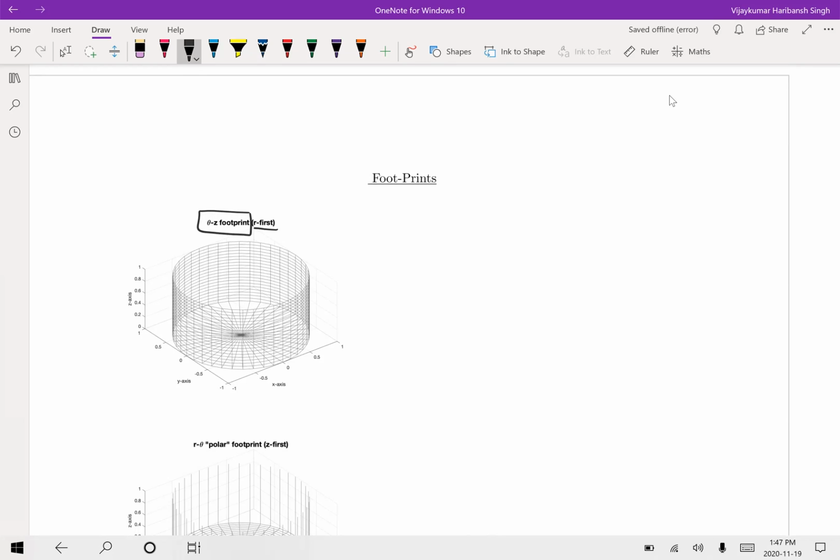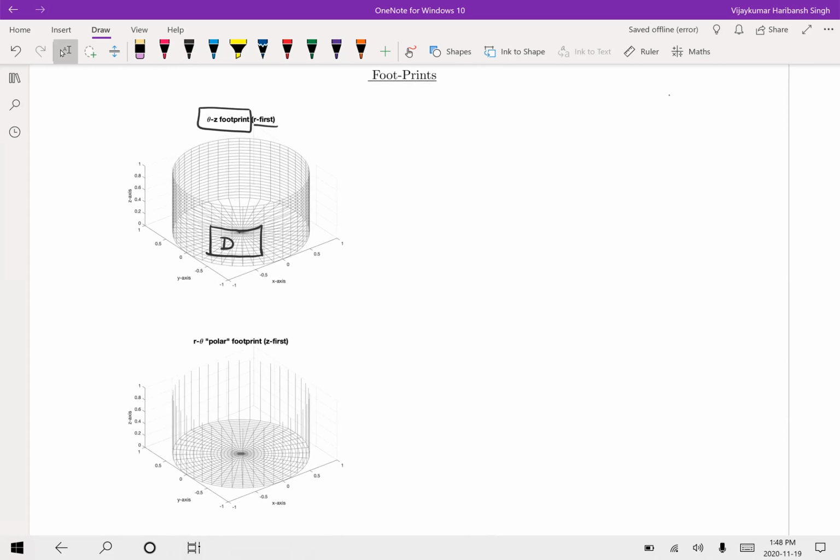Theta is basically the angle, so for a certain angle, this will be your footprint region D in the theta z footprint. Again, I'm assuming that D is a rectangle. That need not happen all the time, but okay.